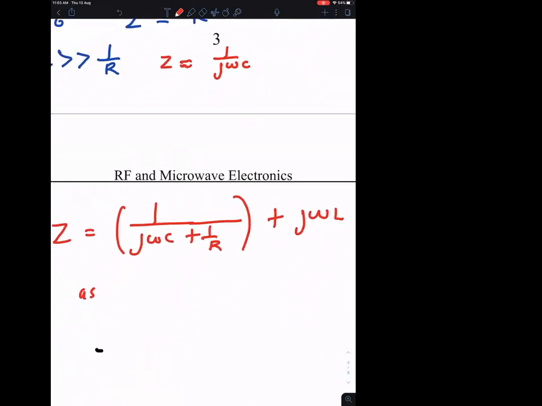As omega increases further, the inductive reactance becomes much, much bigger than the capacitive reactance.